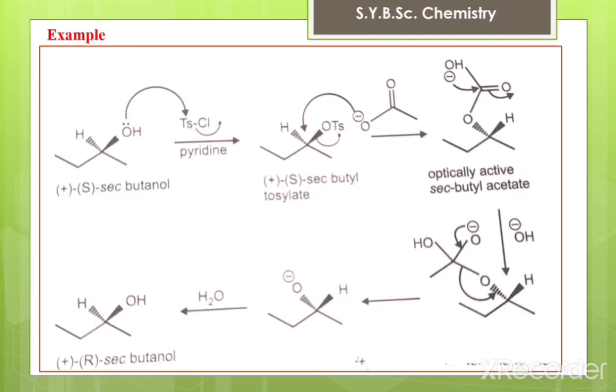Now the SN2 reaction is carried out on the sulfonate with the carboxylate anion, and in the next step the acetate is hydrolyzed to get back the alcohol. And in this reaction there is no change in the configuration, as no reaction occurs at the stereogenic center.